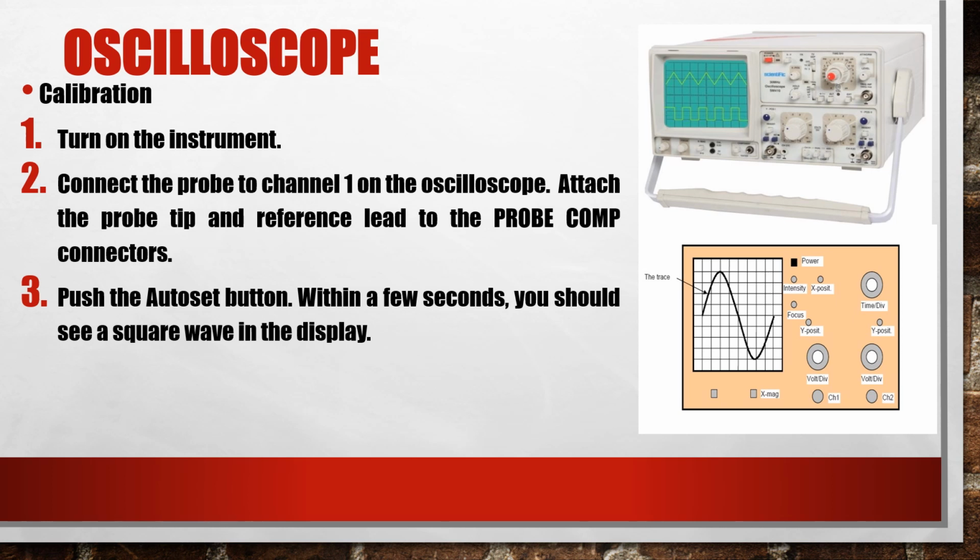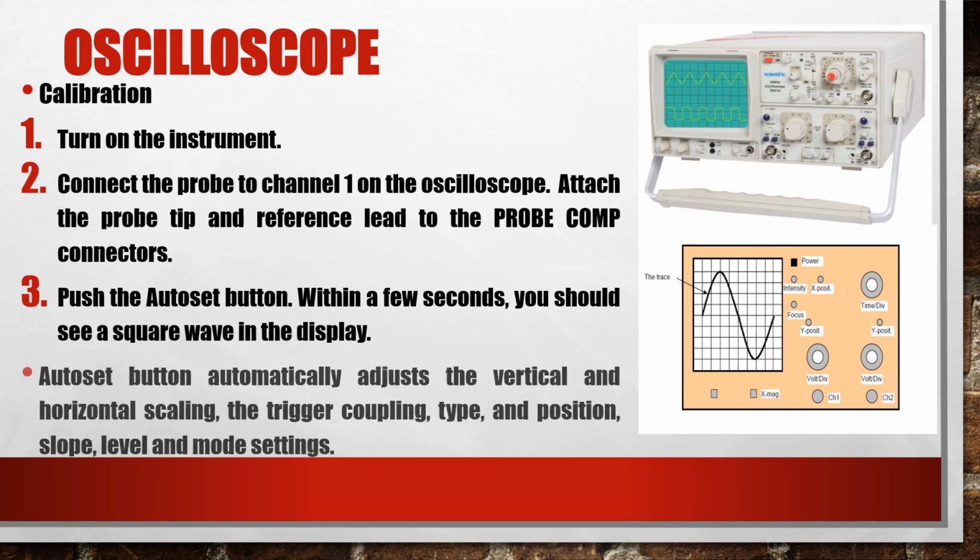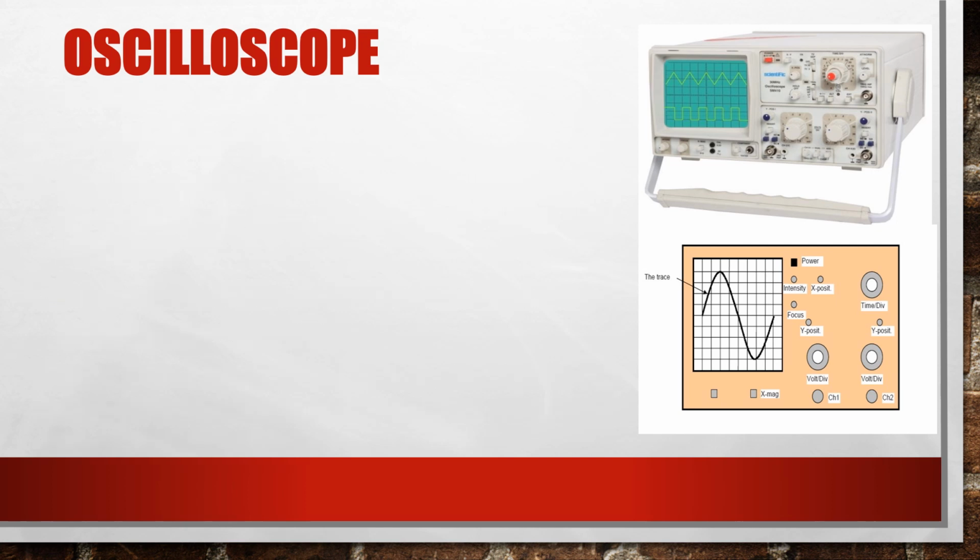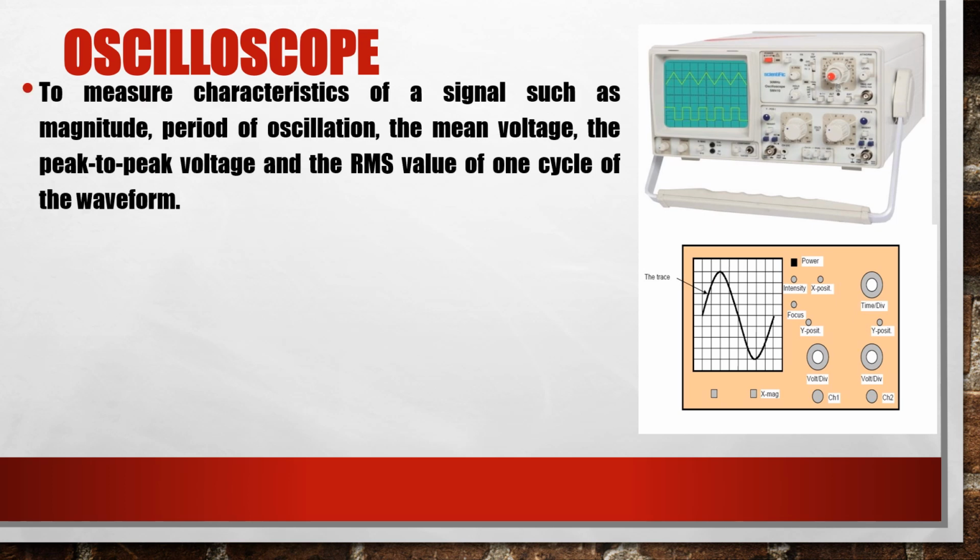This auto set button automatically adjusts the vertical and horizontal scaling as well as the trigger coupling type and position, slope, level, and mode settings. In general, you will use an oscilloscope to measure characteristics of a signal such as magnitude, period of oscillation, the mean voltage, the peak to peak voltage, and the root mean square value of one cycle of the waveform.